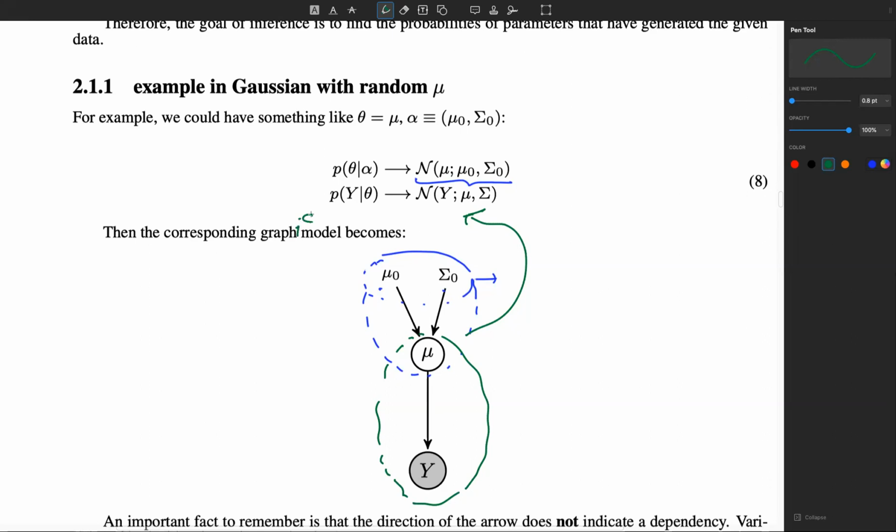Now, this is the mistake a lot of people are making. Even though people have been working on generative models and graphical models for a very long time, I still see people making that kind of mistake. This is your assumption.